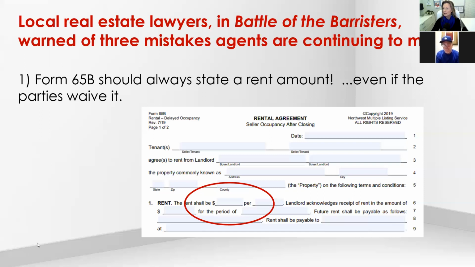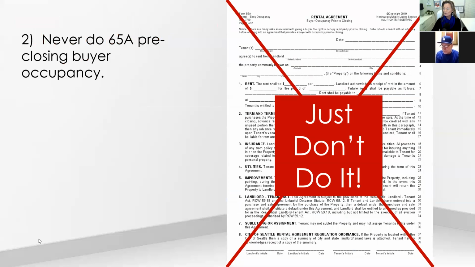I like it. Okay, number 2 is never do a 65A pre-closing buyer occupancy. Tell us more about that. Yeah, I was kind of, well, not horribly surprised, but kind of surprised at how strong all 5 of those lawyers were about this issue. They were saying, do not ever allow early occupancy.